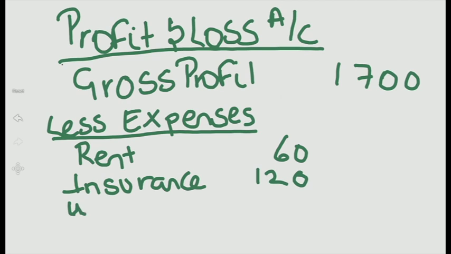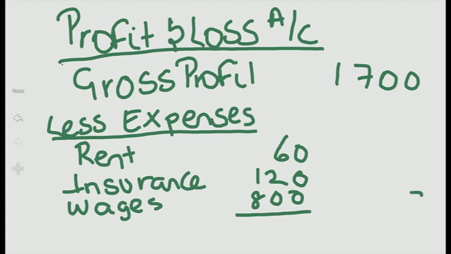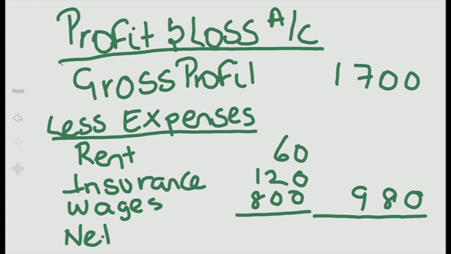It could be wages and salaries of 800 emalangeni. For now, let's say our expenses are just these three. They can be more than three for the purposes of this exercise. Then total for expenses is going to be 980 emalangeni. We had said less expenses, which simply means our net profit, therefore.